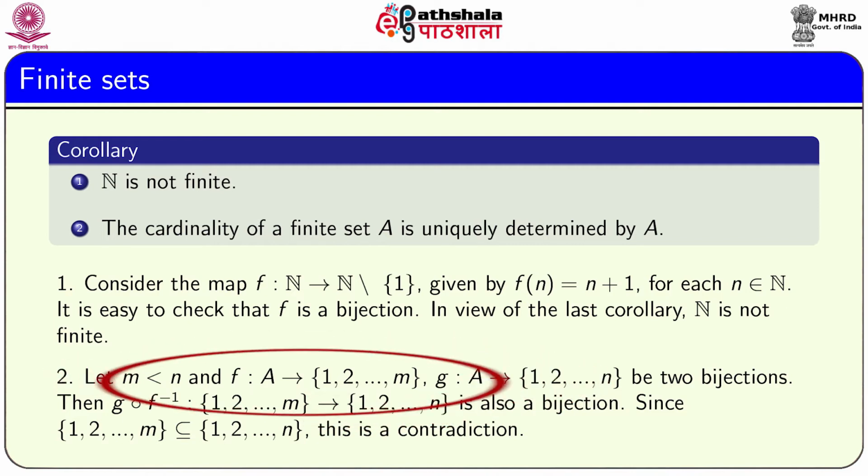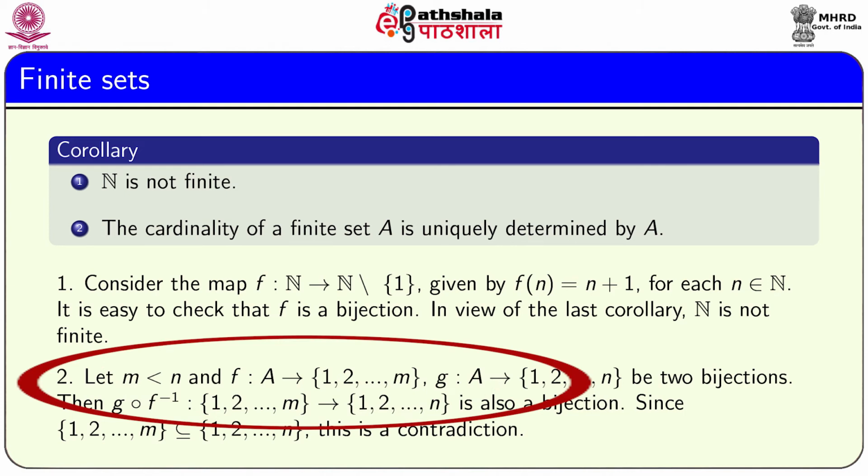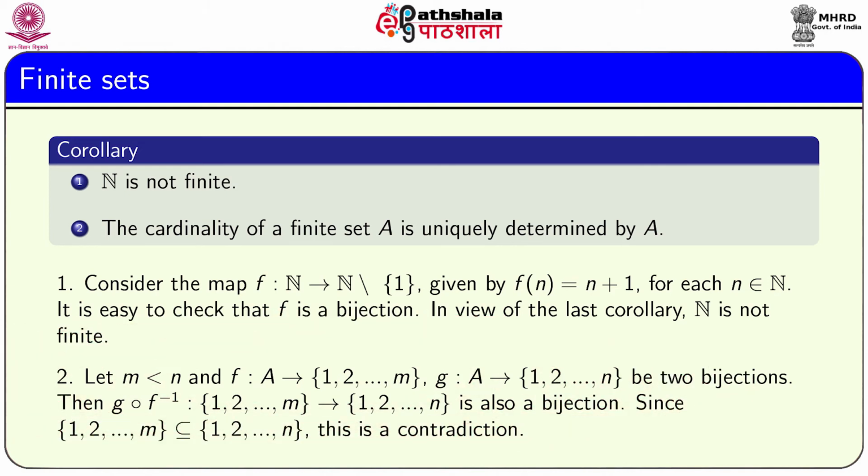To prove the second one, let us take any m which is strictly less than n, and suppose F and G are two bijections from the set A to the set 1 to m and to the set 1 to n respectively.